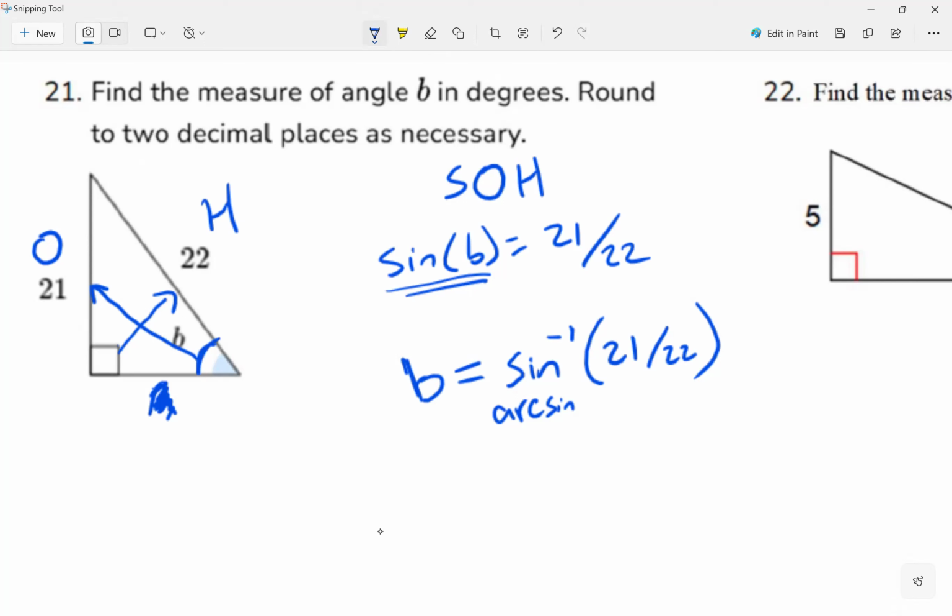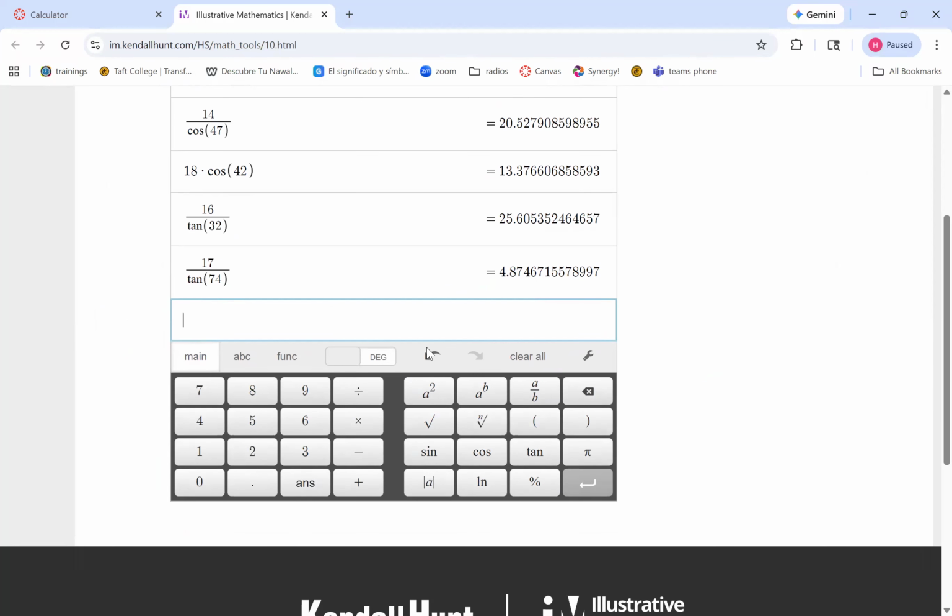So let's take a look at the calculator that I gave you. I have the work from yesterday still. I have it on degrees. One thing, you've got to make sure you have it on degrees. So I'm going to go sine inverse. Here, I only see sine. I don't see it as inverse or to the -1.